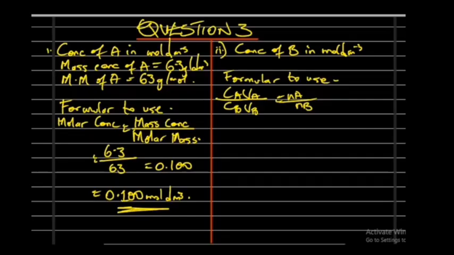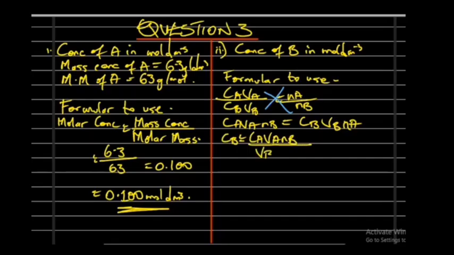So if we cross multiply, we'll be having it to look like this: CAVANB equals CBVBNA. And so making CB subject of the formula now, we have it to be CAVANB divided by the coefficient of CB, which is VBNA.